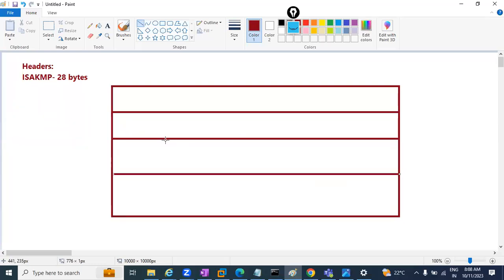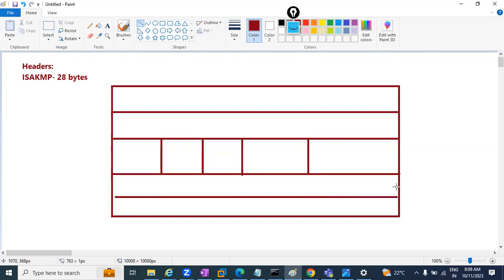Then we have next payload, minimum version, maximum version, exchange type, and flags. Then we have message ID and then length.